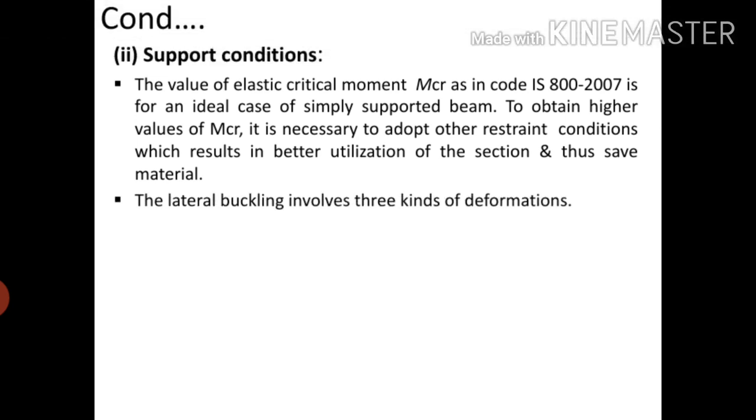So the lateral buckling involves three kinds of deformations. They are lateral bending, twisting, and warping. Lateral bending means in-plane flexure, then twisting means out-of-plane flexure, that is, when it buckles laterally, which involves the torsional effect also, called twisting, and the twisting is also accompanied by warping.